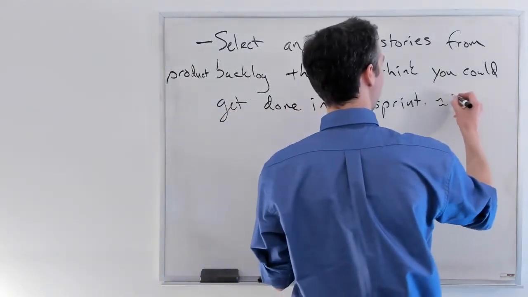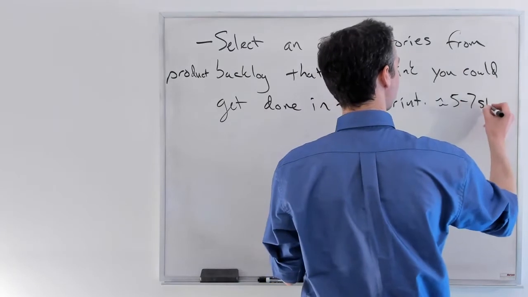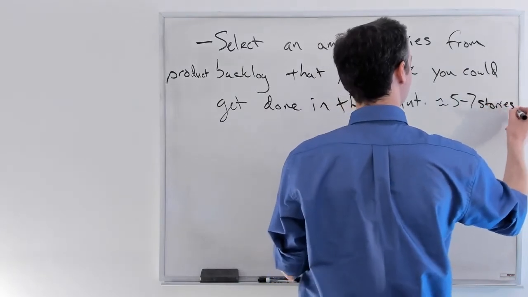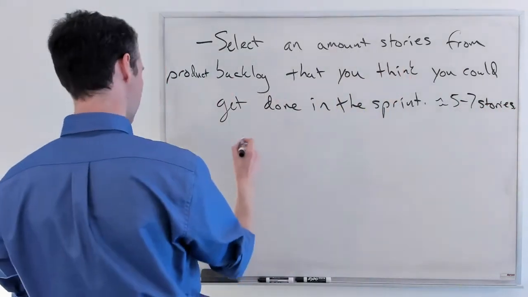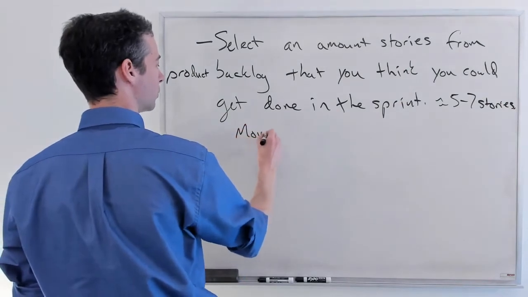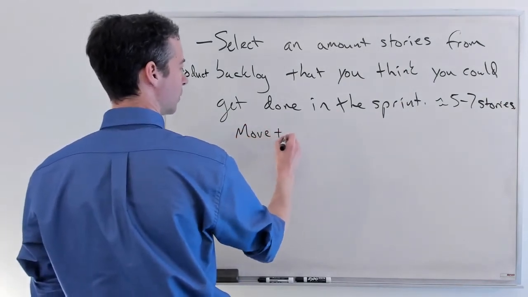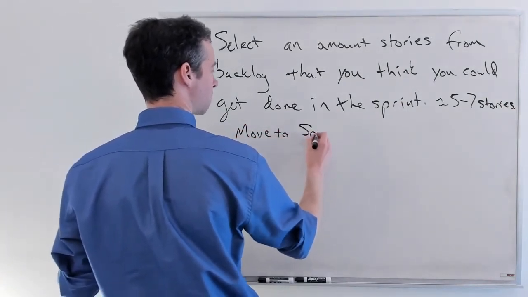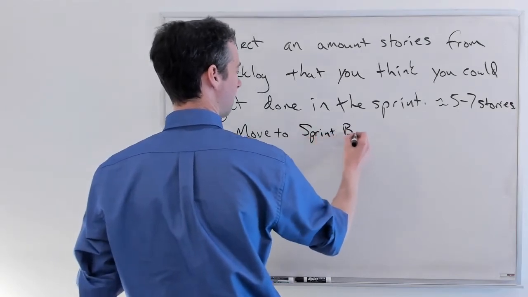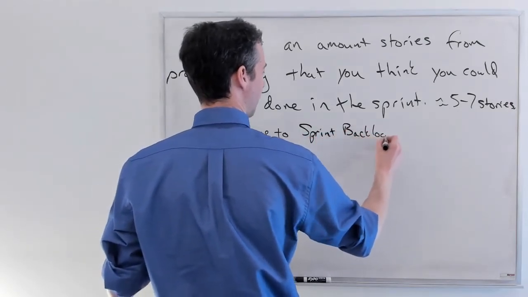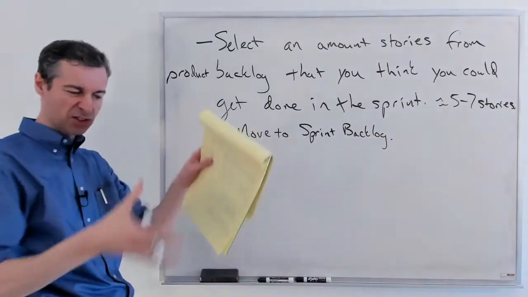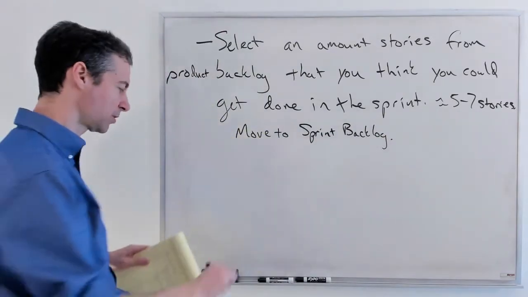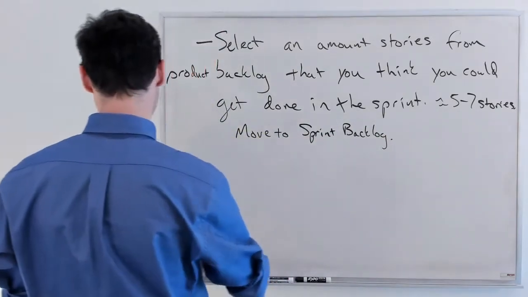So this is approximately 5 to 7 stories. All right. And so you move them to the sprint backlog. This gives you a nice place to work on, and this is your tentative set of stories that you're going to do in the sprint backlog.